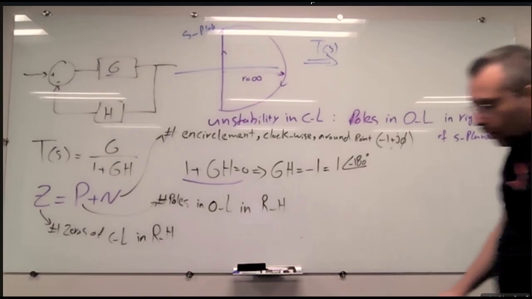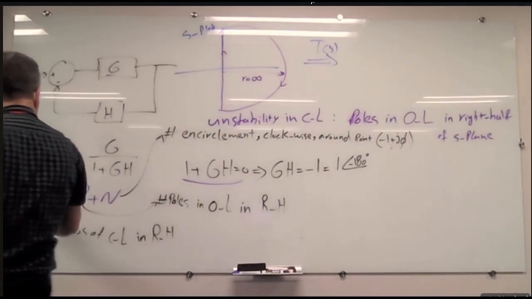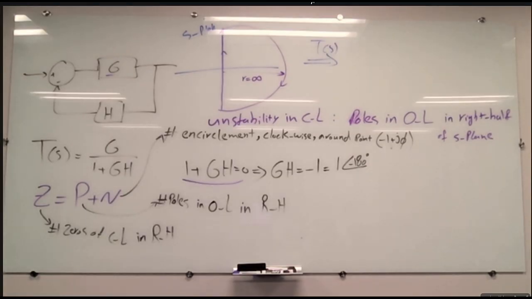Now, we already know the zeros and poles of our open loop and closed loop circuit. We can find them based on the transfer function.